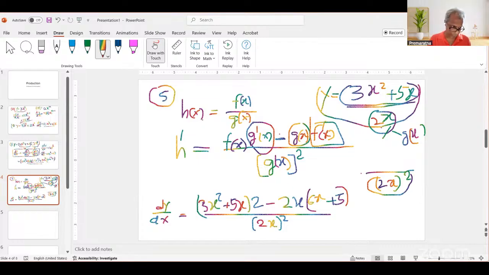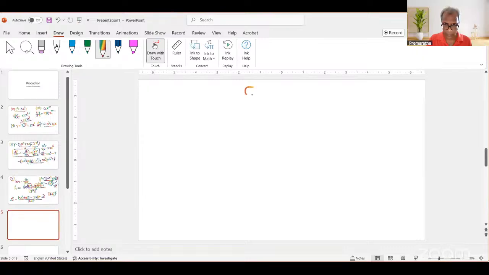Another important rule I want to introduce is what we call the chain rule. For an equation like this, let's say y equals something, let's say (3x to the power 4 plus 5x), all in brackets, to the power of, let's say, 22.